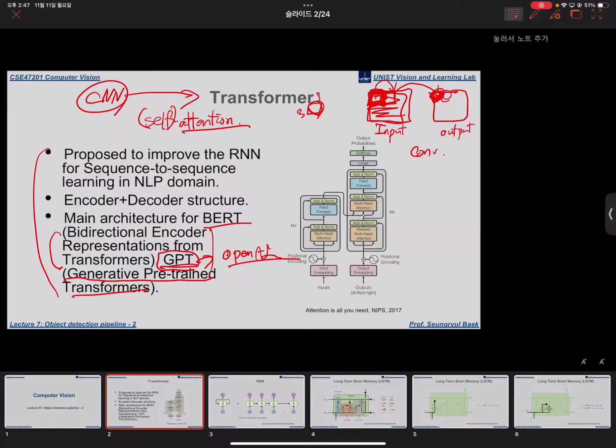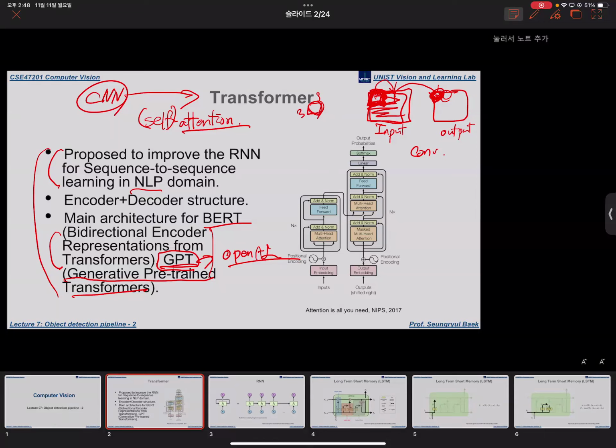This transformer was first proposed to deal with a natural language processing problem, which is sentence translation. For example, if you want to translate an English sentence to a French sentence, they use this kind of transformer.